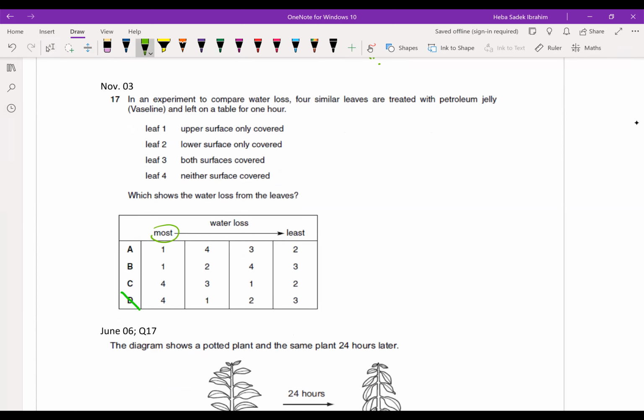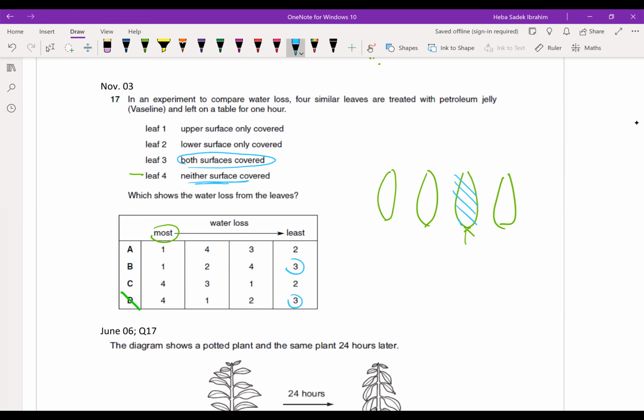The most water loss will be when neither is covered, right, Omar? The leaf where we put the Vaseline on the top and on the bottom, leaf 3, will be the least. So both surfaces covered is the least loss, and neither surface covered is the most loss. So the answer is going to be D.